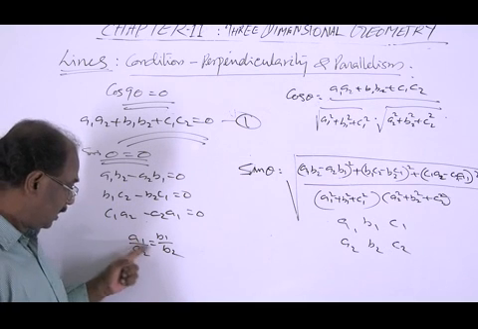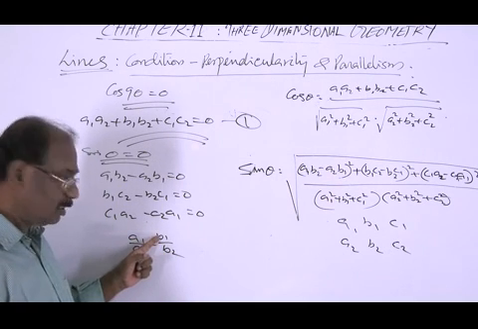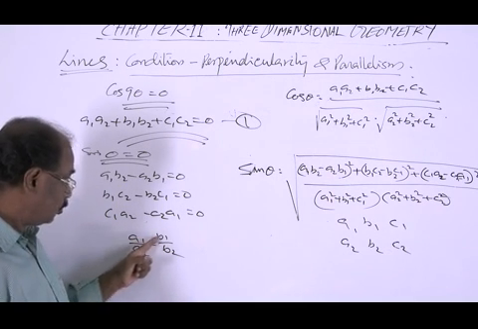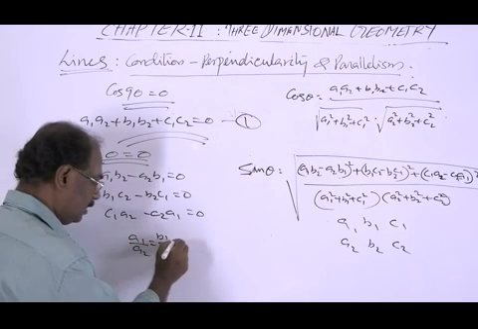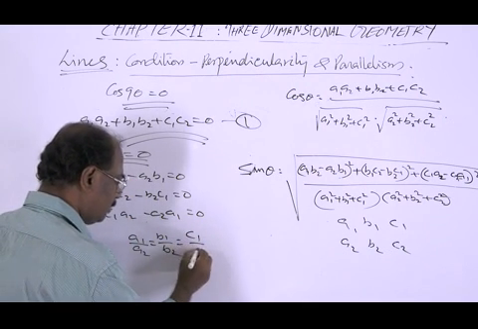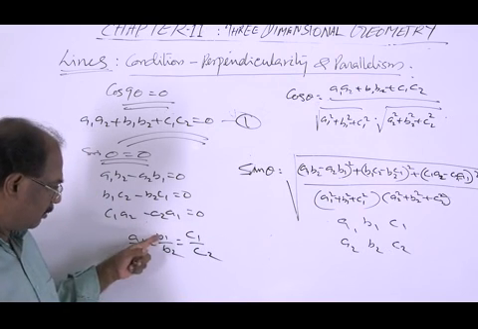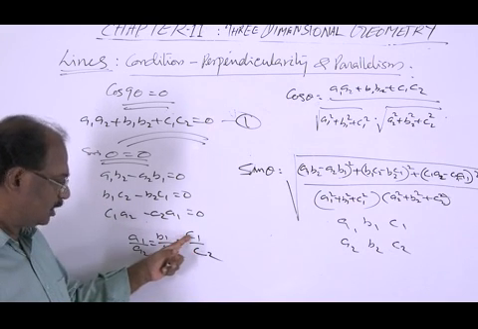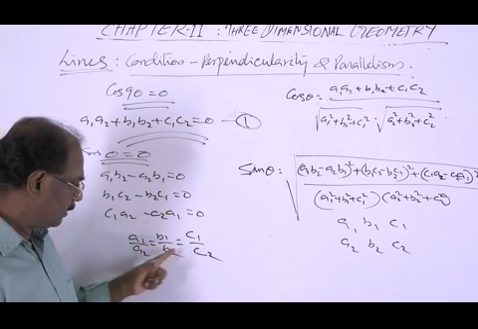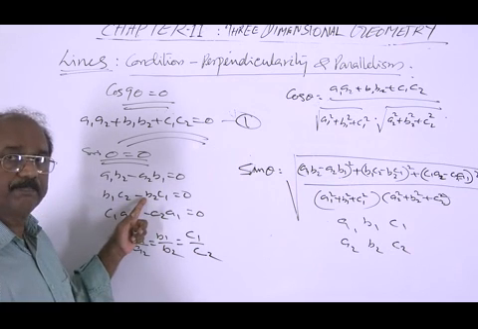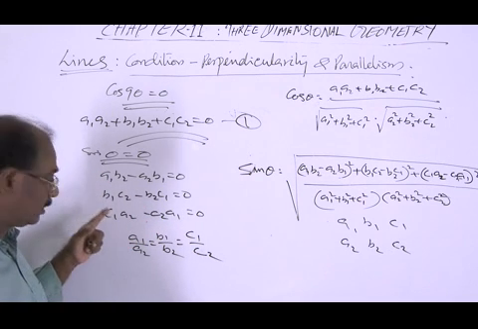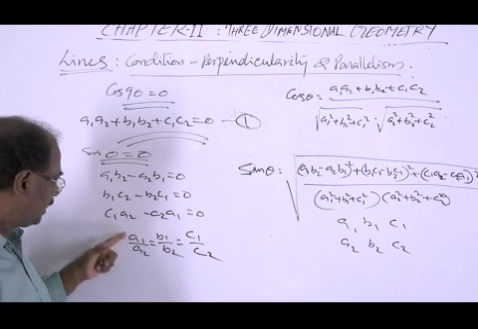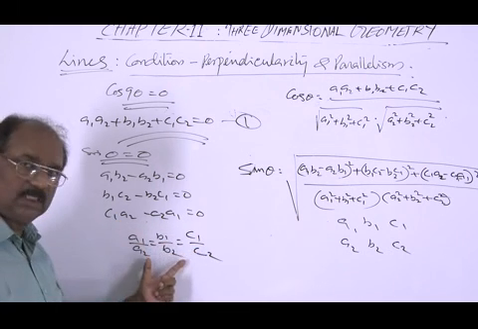Cross multiply: a1 b2 equal to a2 b1. And the second gives us b1 by b2 equal to c1 by c2, b1 c2 equal to b2 c1. And the third gives a1 by a2 equal to c1 by c2.